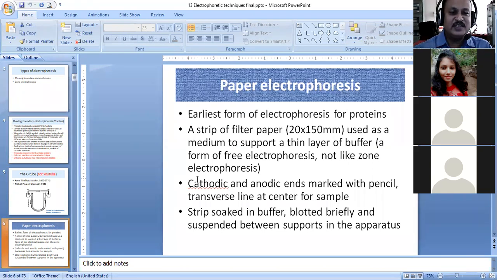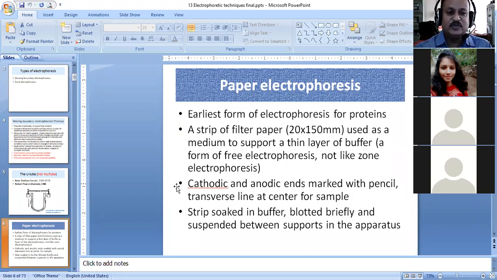A strip of filter paper is taken, and it will be better if we use a good quality, refined filter paper, that is Whatman filter paper. I think you have used Whatman filter paper for various experiments earlier.